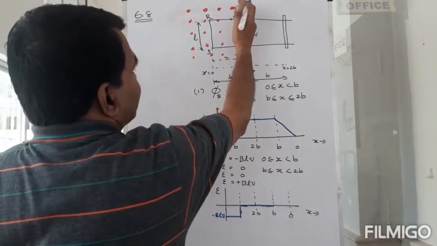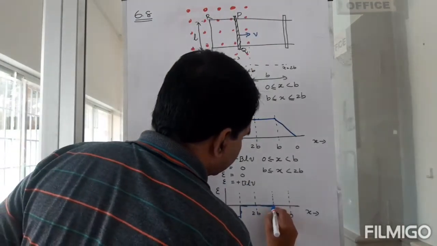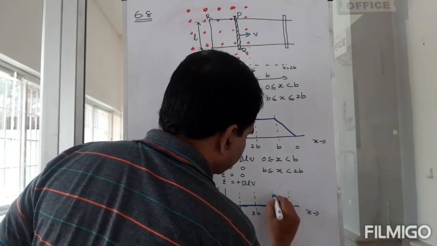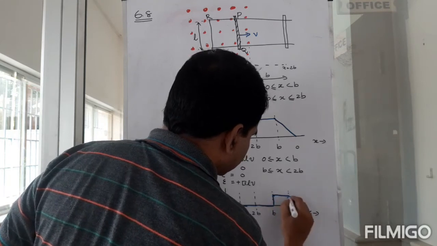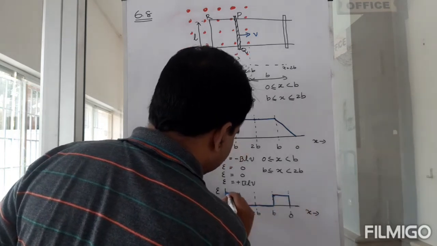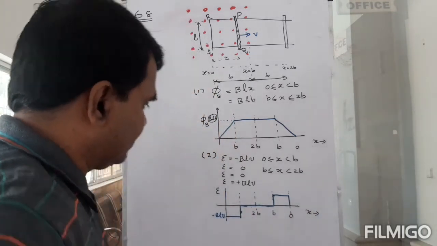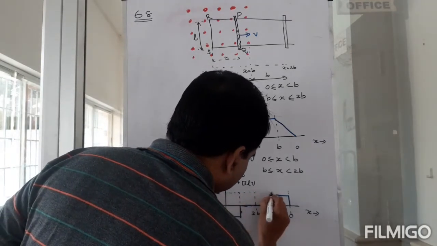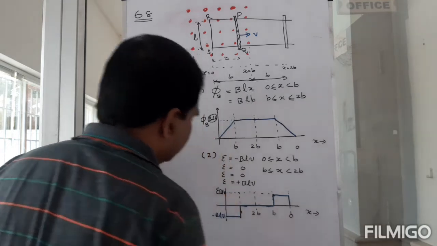But from B to 0, it will go up and be positive, BLV.